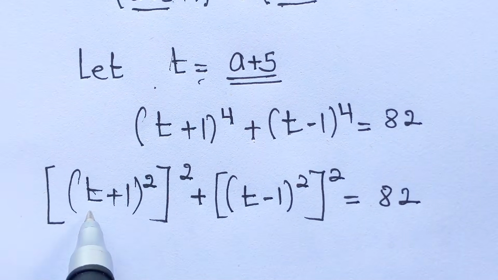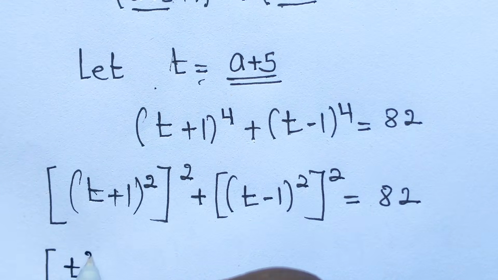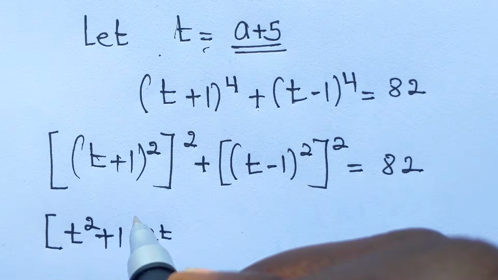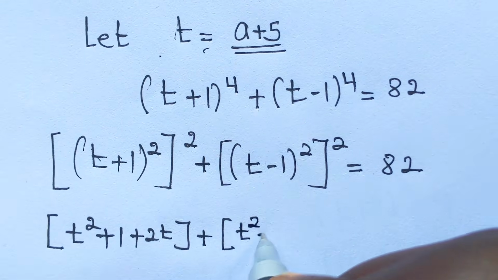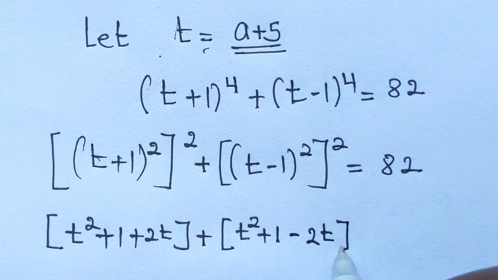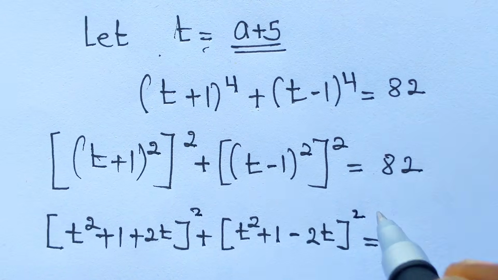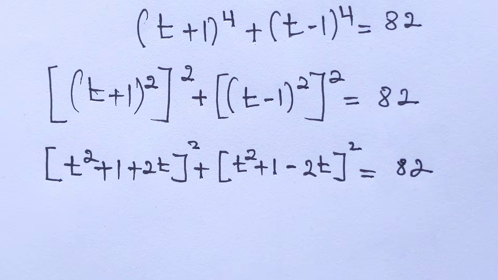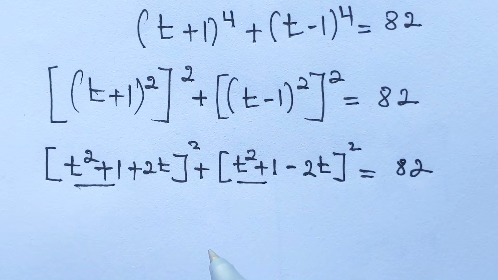By expanding this, (t + 1) squared is t squared plus 1 plus 2t, then plus t squared plus 1 minus 2t, each squared, which is equal to 82. At this stage we have t squared plus 1 in both.